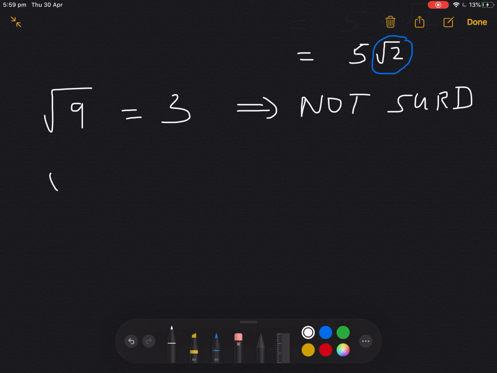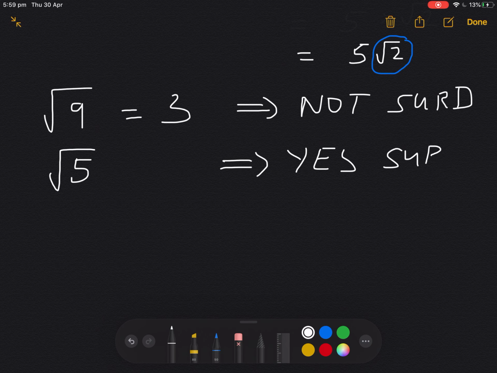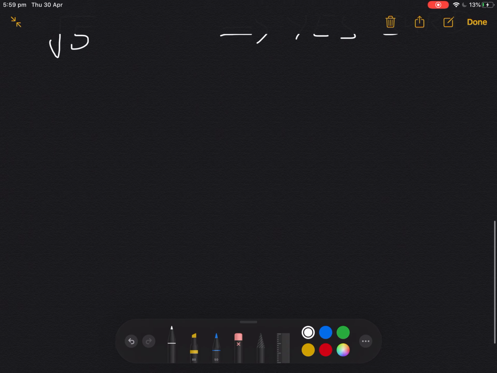But something like root 5, which can't be simplified, that is to say, it can only be simplified into a decimal approximation, this is a surd. So something is a surd if it can't be simplified without getting rid of that symbol there, the square root symbol, which is incidentally called a radical symbol.